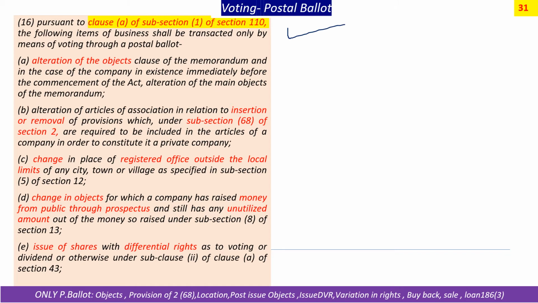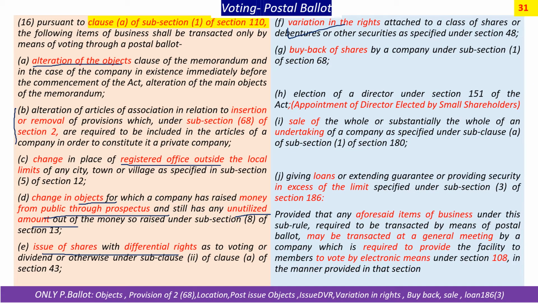It is insisted upon by the government where interest of the shareholder is more important: for alteration of objects, for removal of conditions which are there in the articles of a private limited company, change in the registered office outside the present local limits, change the objects when the company has already raised money and the money remains unutilized partially or fully, and issue of differential rights, variation in the rights of shareholders, buyback of shares, appointment of directors by small shareholders, sale of part or full of the undertaking, giving loans or guarantees in excess of the limits.